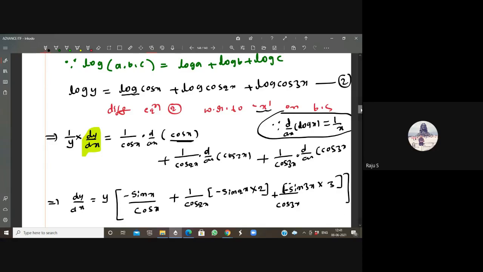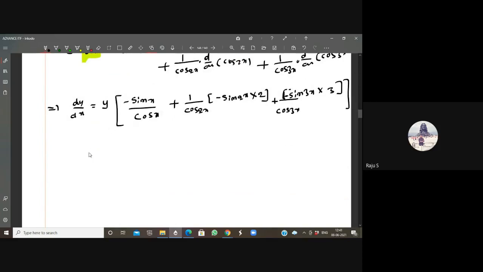Finally, we got this. Now students, what is the LCM here? I am going to take the LCM, cos x, cos 2x, cos 3x. Also, can you see the book's back answer, whether they have taken the LCM or not?